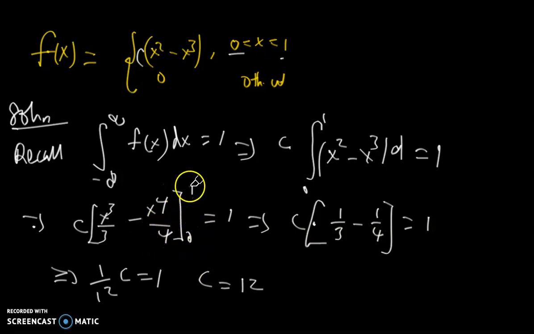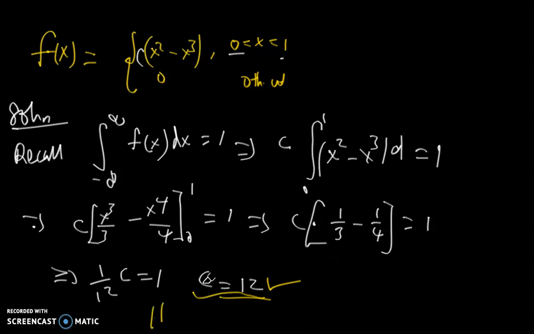Now substitute our values: just plug in 1, and you simply get 1 over 3 minus 1 over 4, which is 1 over 12. Take the reciprocal; 3 multiplied by 4 is 12. So that's how we get 1 over 12c equals 1, and our value for c will simply be 12. And this will be our first solution.